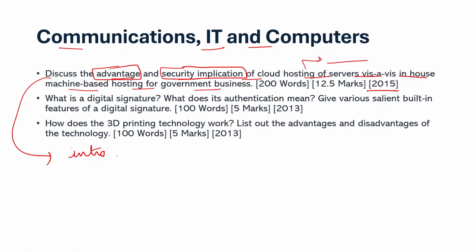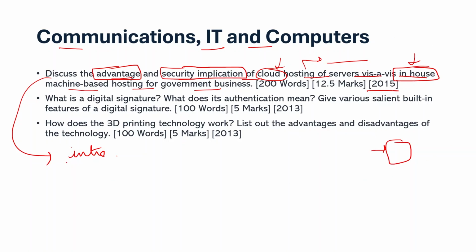It can be scaled on a larger scale because you are hosting on the cloud, right? If you are hosting a server on the cloud, you don't have to invest in this infrastructure for in-house servers, right? You don't have to have a physical infrastructure in place for your servers. You can just host on the cloud. You can use some services provided by companies and you can host on the cloud, right?